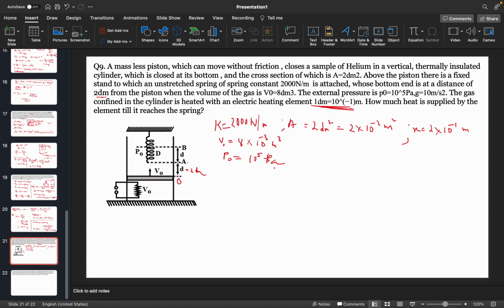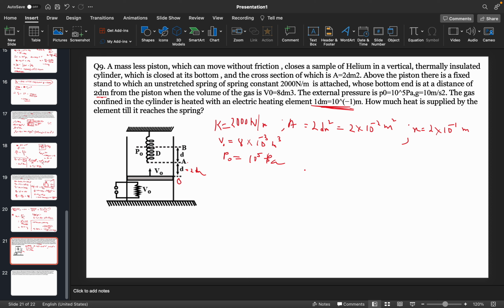Okay, initial pressure P naught is that, because since external pressure P naught is equals to 10 to the power 5 Pascal, and until it touches the spring, it goes quasi statically, and at each and every step it will experience a constant pressure. That's why after touching the spring, its pressure will change linearly, or it depends on the spring type, but we are only concerned till the touching of the spring. So that's why that P naught value is equals to our 10 to the power 5 Pascal. Now G we know, we should not write.